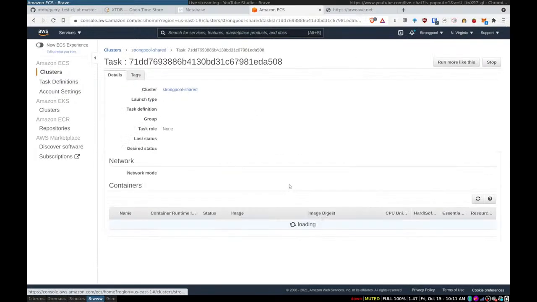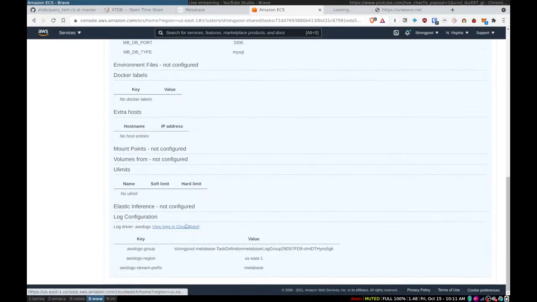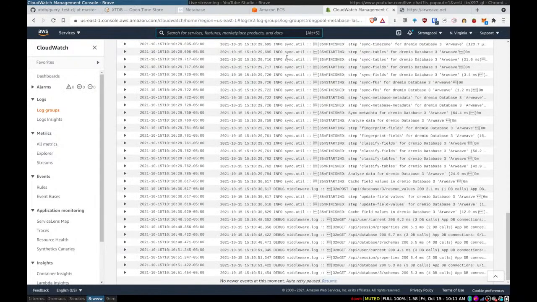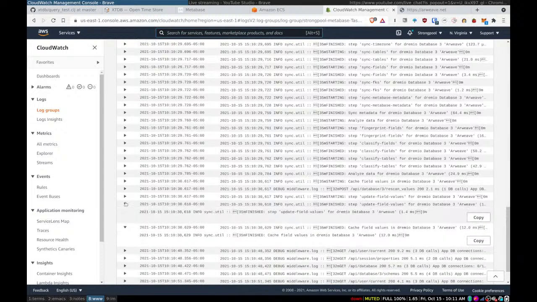This is definitely going to motivate me to get all these logs into something that's not terrible, a little bit faster, because CloudWatch is pretty terrible. All right, what does it say here? Cache field values in Dremio database Arweave.